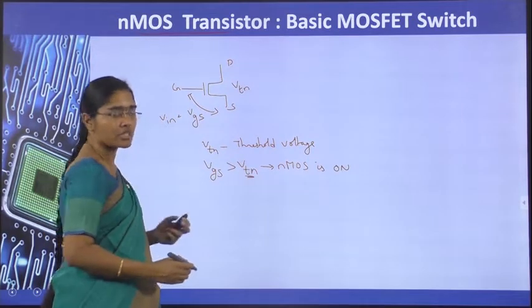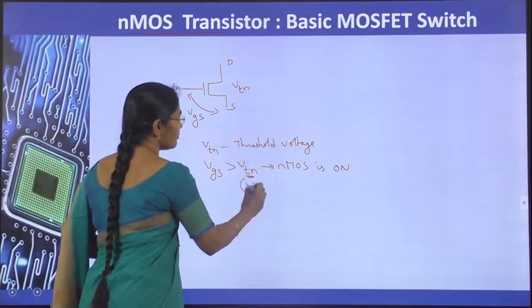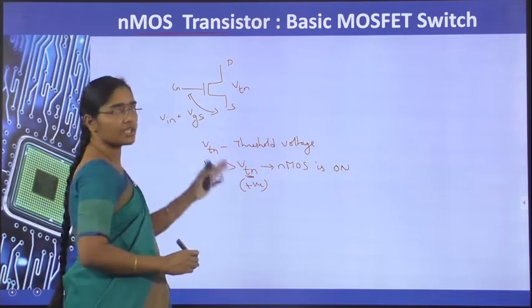VTN is a positive value, so when VGS is positive, then only will NMOS be on.